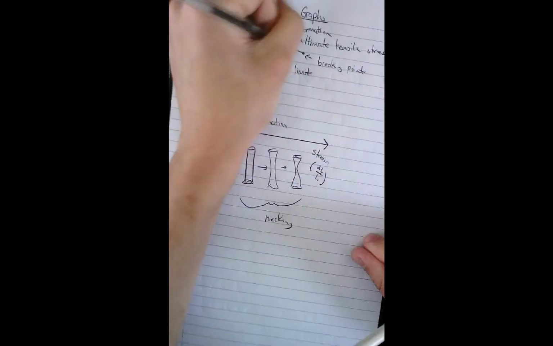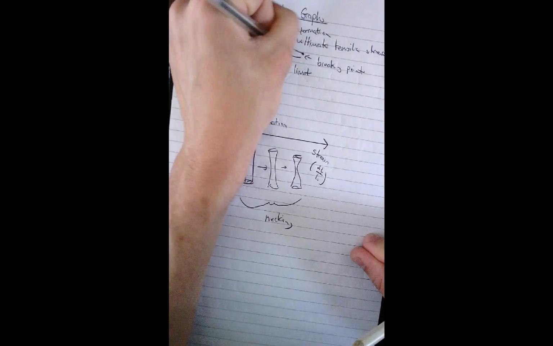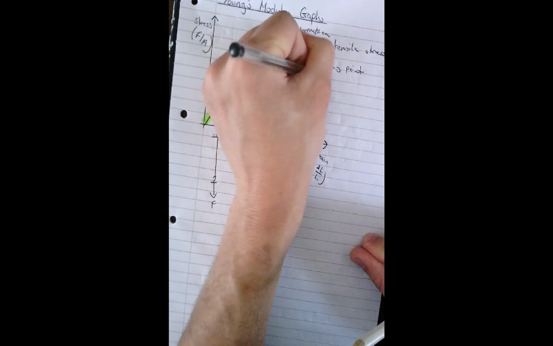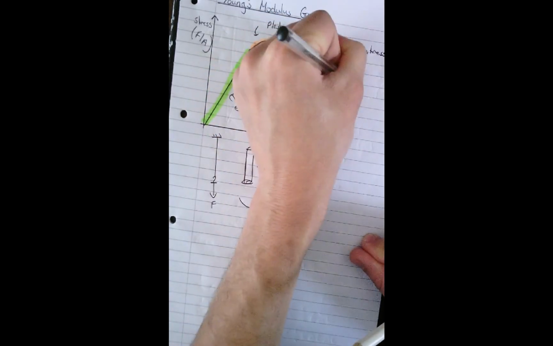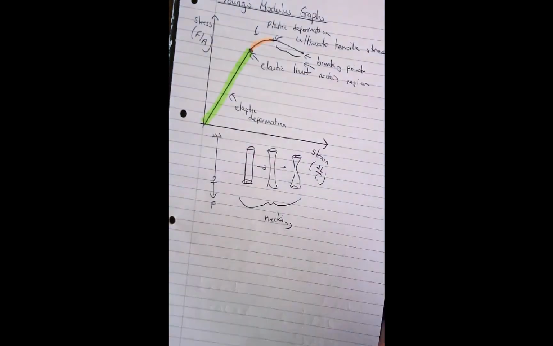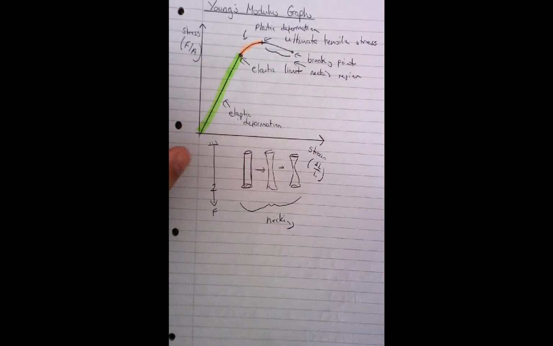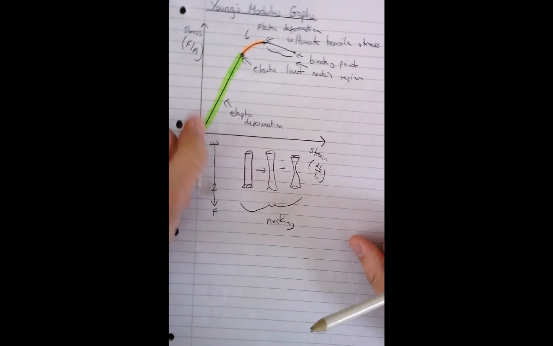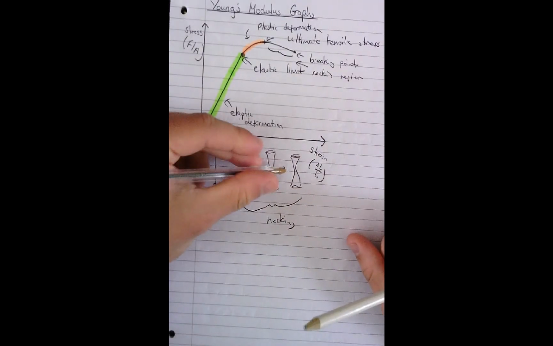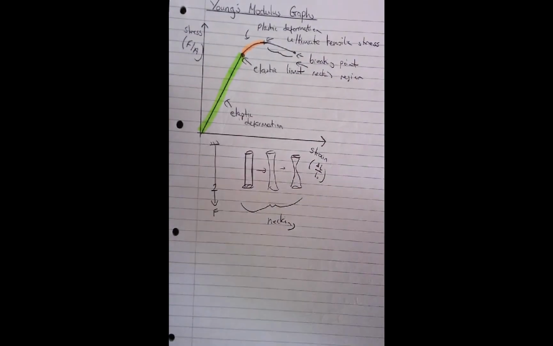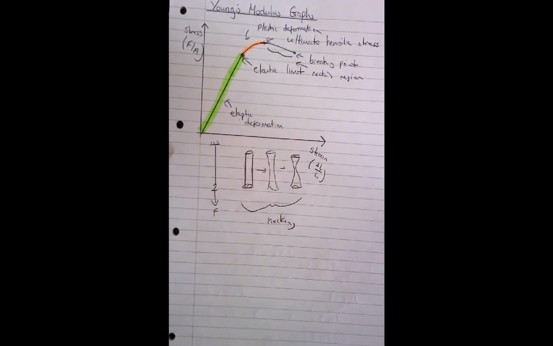So this is going to be the necking region of the graph. Yet again, for some reason, never seen it tested in the exam, but that's what's happening during that process, and that's why, without adding any extra force, we're getting a larger extension, because that wire is getting weaker.